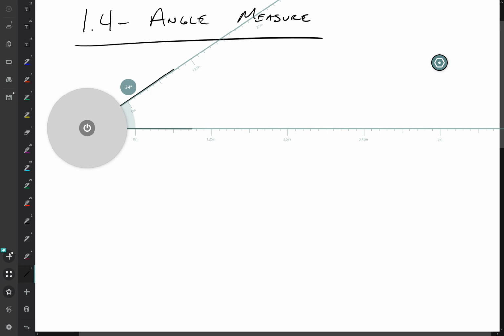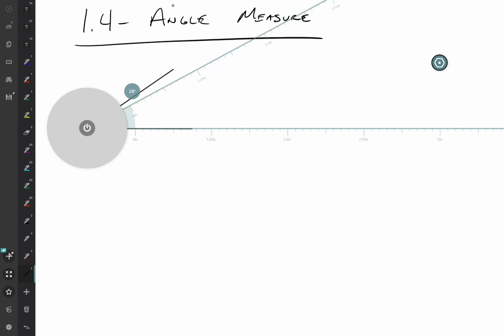I'm going to get it straight right there. What does that say? It's kind of hard to read, but 34 to 35 degrees, wouldn't you say? Let's go with 35 degrees.